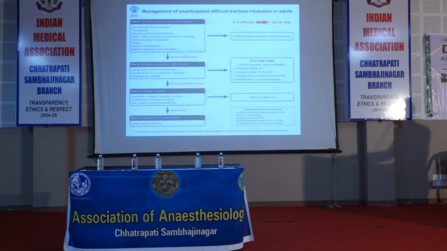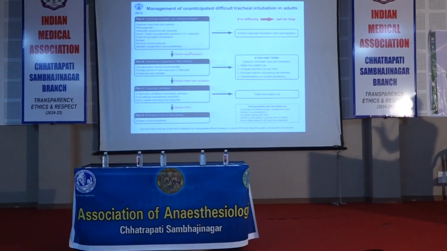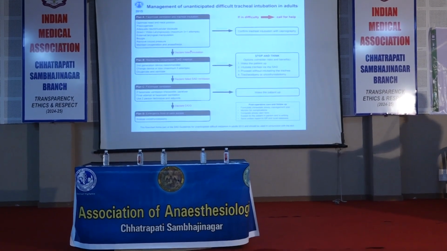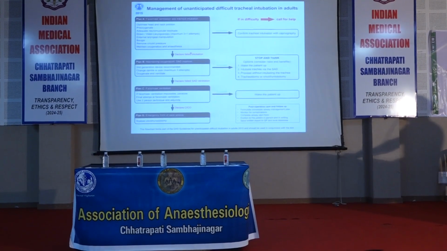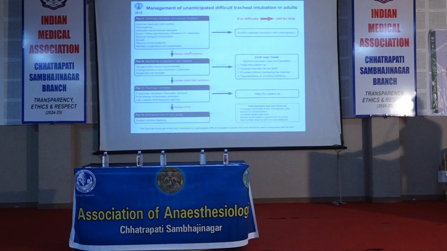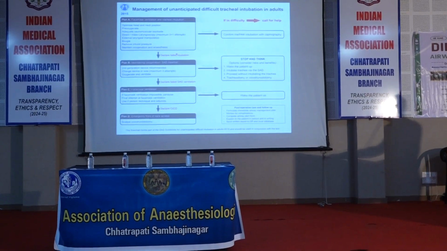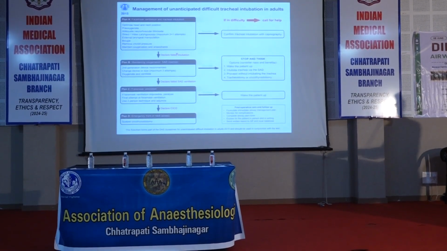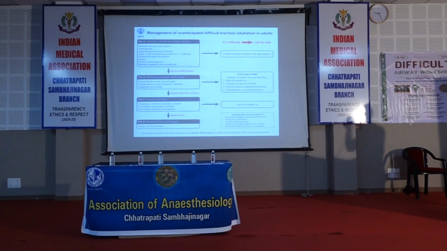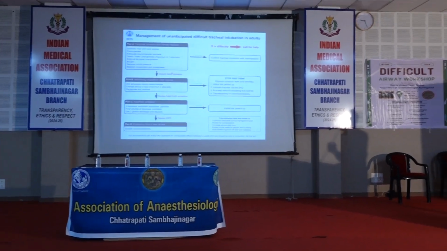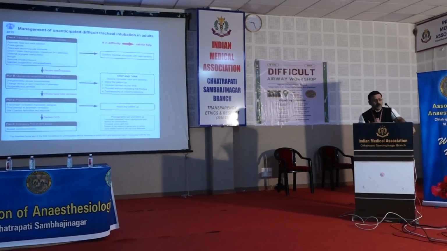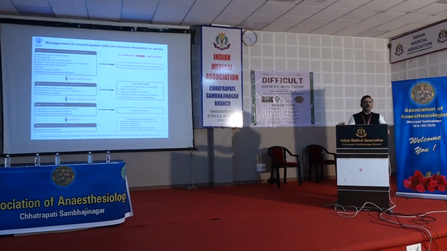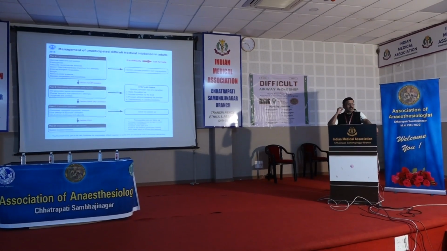Now, these are various guidelines to manage the unanticipated difficult airway. Madam has already mentioned most of them. I will not go into details, but first you try intubation. If it is not possible, then you declare it failed intubation, and immediately you switch to a supraglottic airway. Whenever you are putting in a supraglottic airway, at least give some time.